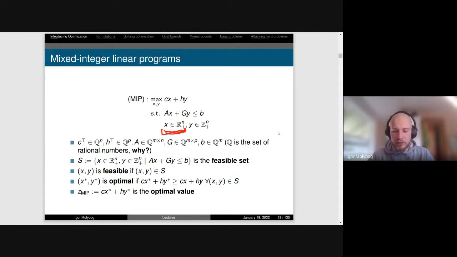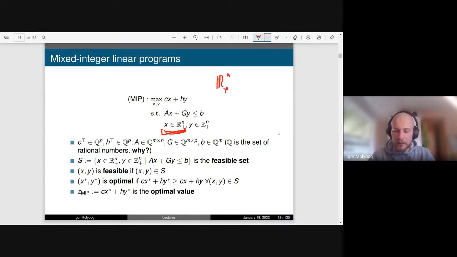By the way, I want to explain the notation: R plus to the n is the set of all vectors x in Rn so that x is greater than or equal to 0. So we are just dropping the x greater than or equal to 0 by adding this plus.